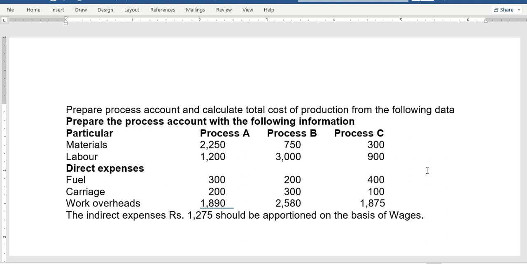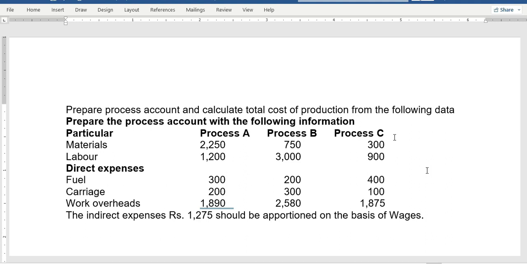In this sum they don't give the indirect expenses for processes A, B and C separately. They gave the overall amount, and we are supposed to apportion it on the basis of wages. Fine, let's see the sum.